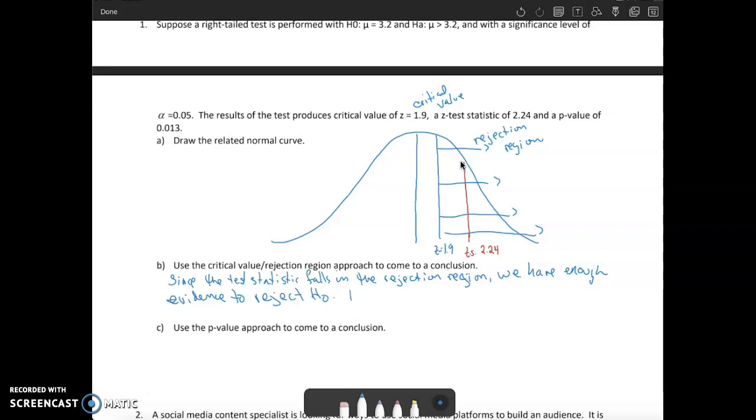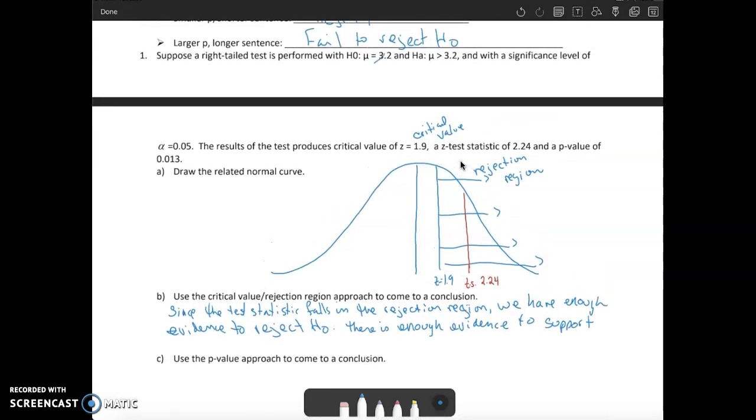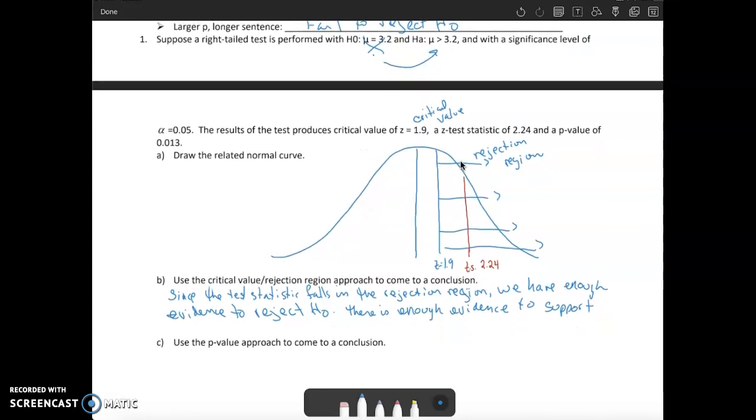And what that means is that there is enough evidence to support. So again, we've rejected the null. We've rejected this idea up here, which means there's enough evidence to support the alternate, that the mean value is greater than 3.2.